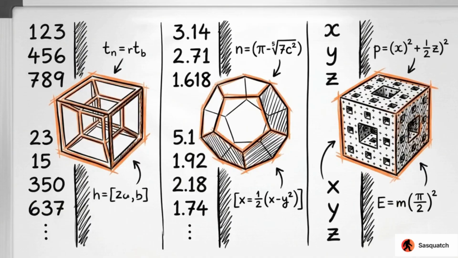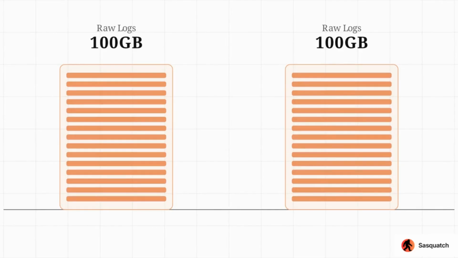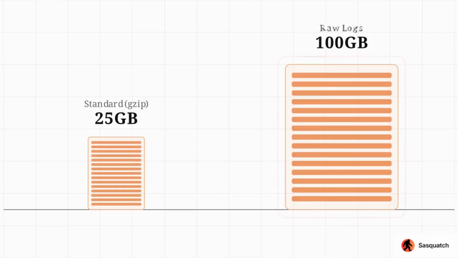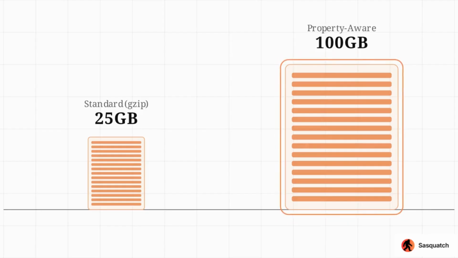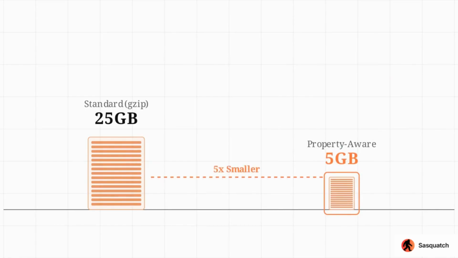Instead of treating the log file as a flat sheet of text, the algorithm models the distinct mathematical behaviors occurring within every individual column. By exploiting these physical properties, the storage footprint shrinks by an order of magnitude or more. When you apply standard algorithms to 100 gigabytes of raw logs, you might reduce it to a 25 gigabyte block. Applying property-aware compression to the exact same dataset can push that footprint down to 5 gigabytes.